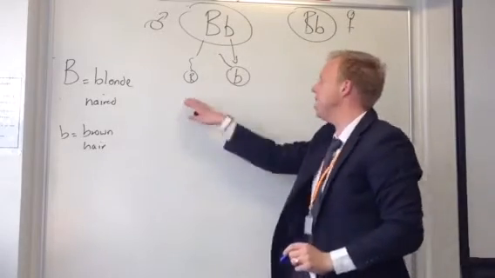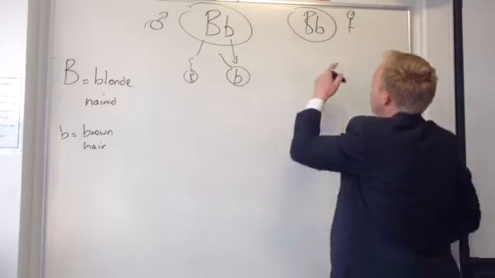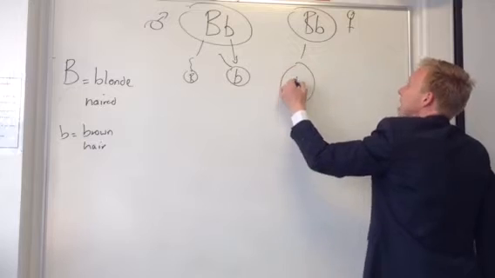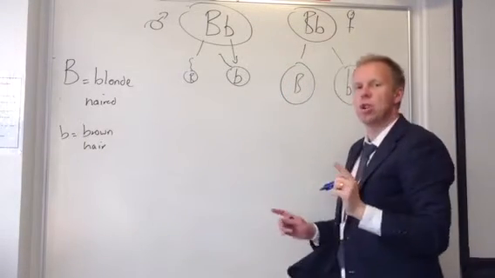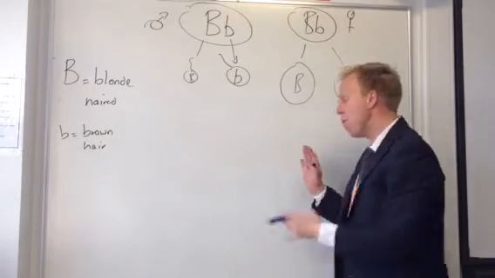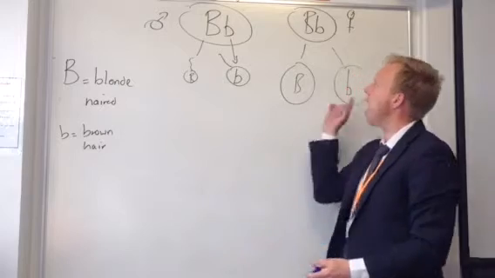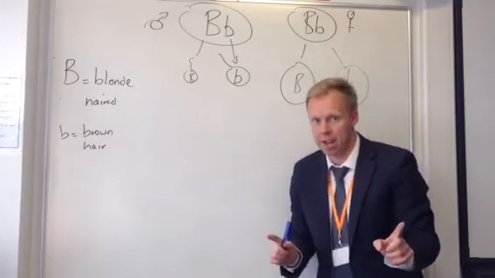So there are potentially two different types of gametes. By the same token, the female could produce eggs with, again, two different types of gametes. And we want to work out the probabilities of what their offspring will look like, phenotype.